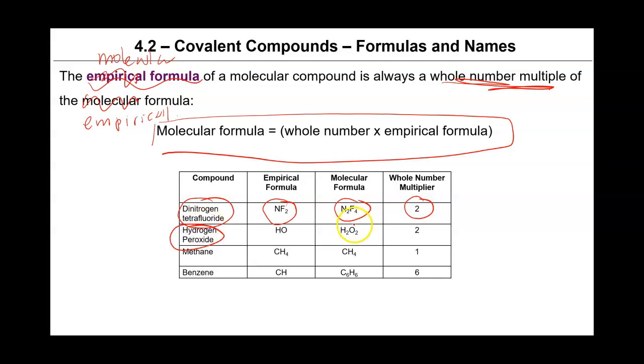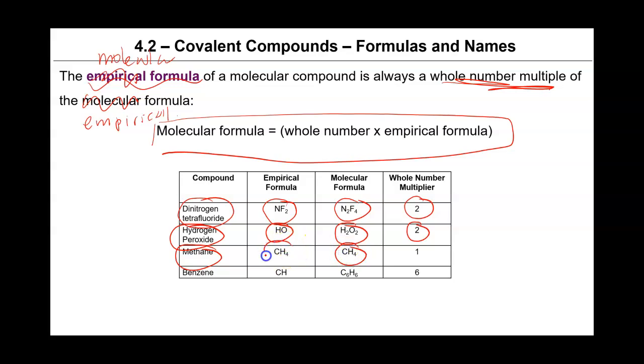Hydrogen peroxide has the molecular formula H2O2. It has the empirical formula HO, and you can see if you multiply the empirical formula by a factor of 2, you get the molecular formula. Methane has a molecular formula CH4.